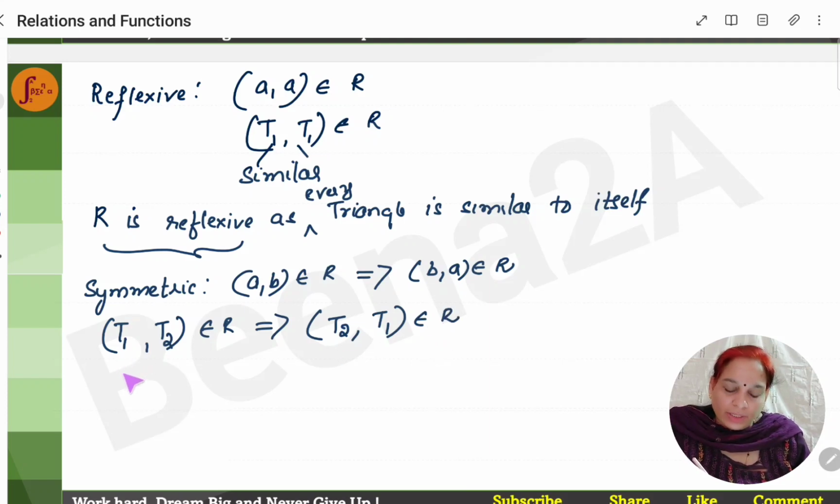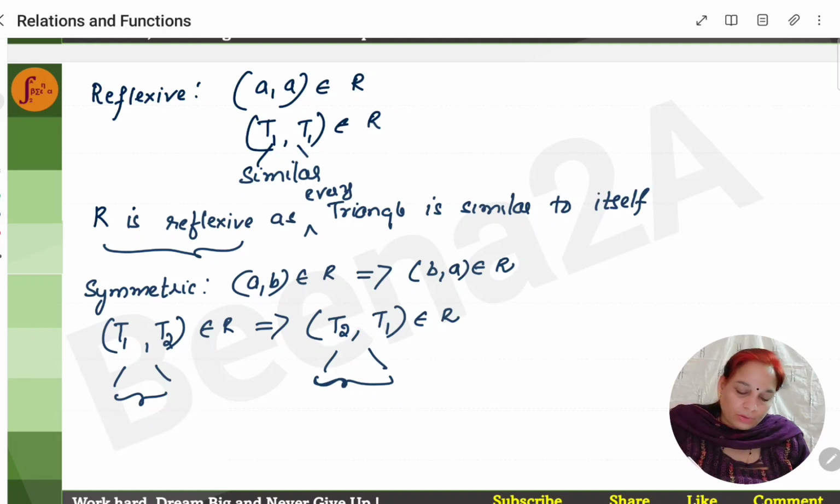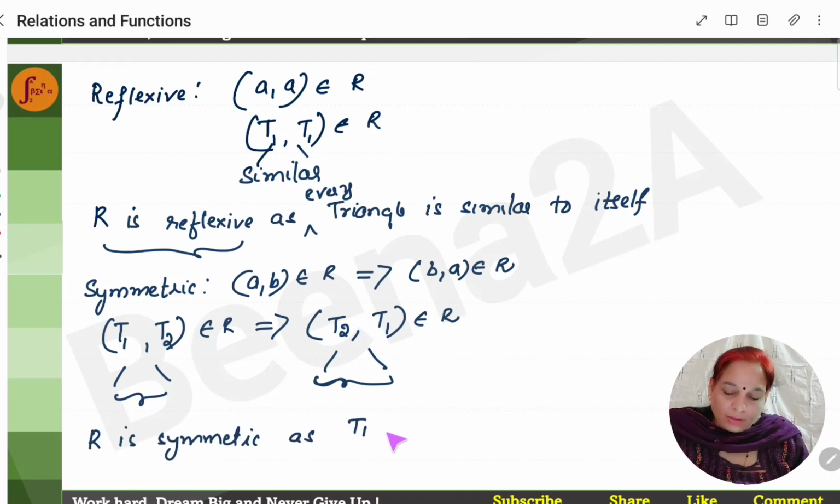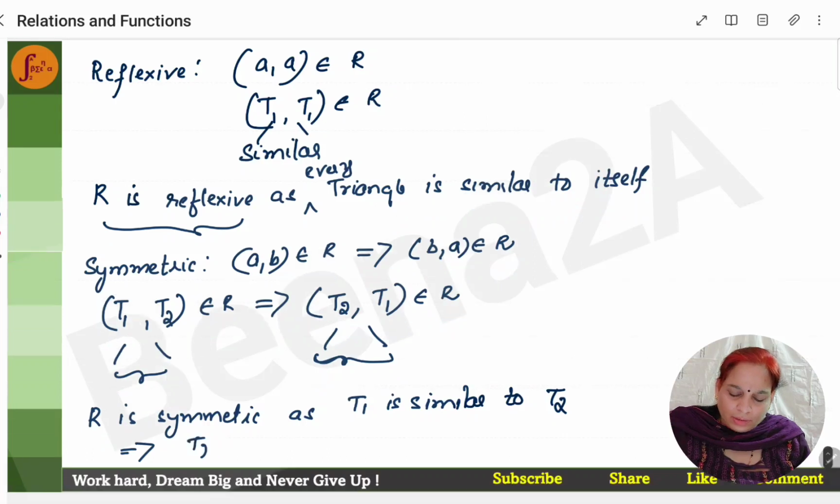Obviously, if T1 is similar to T2, then T2 is similar to T1. So the reverse combination is also true. So you should say R is symmetric as T1 is similar to T2 implies that T2 is similar to T1.